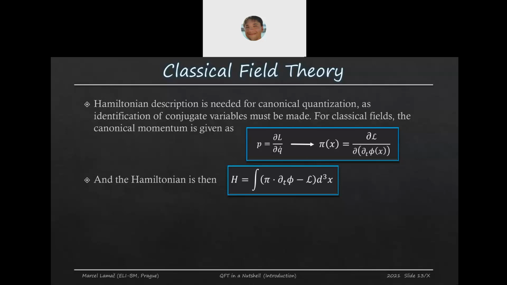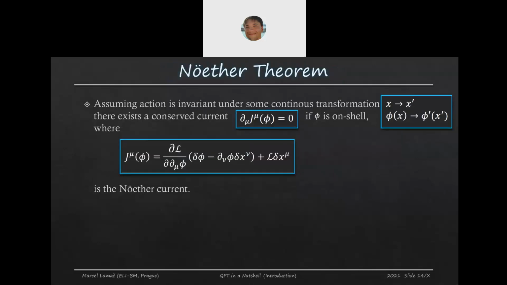What we see in the brackets could also be considered a Hamiltonian density. It is the product of the canonical momentum with the configuration velocity, and we subtract the Lagrangian density as usual, and we get the Hamiltonian. So this is the definition of the Hamiltonian.